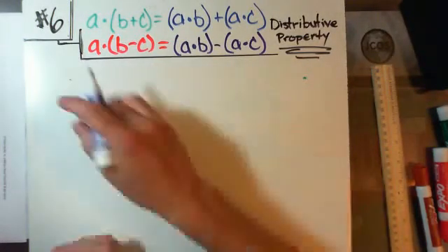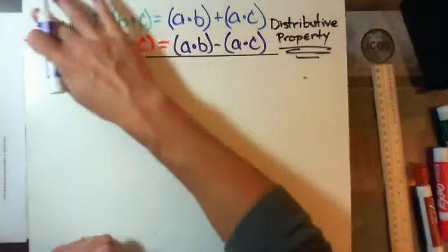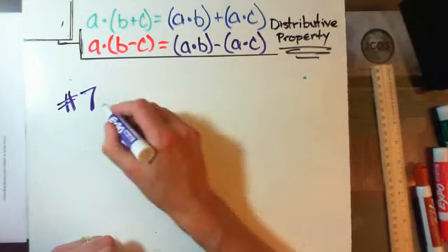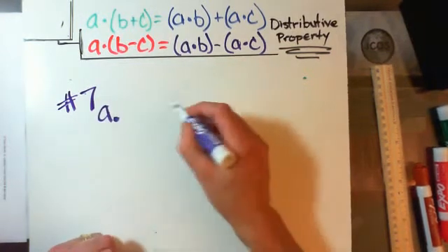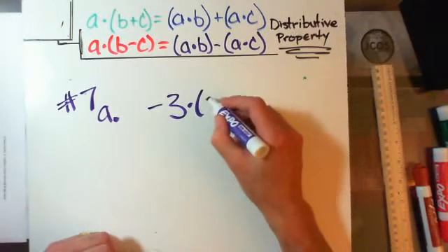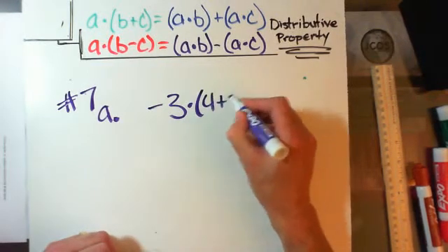For example, for number 7a, we're given negative 3 times (4 plus 7).